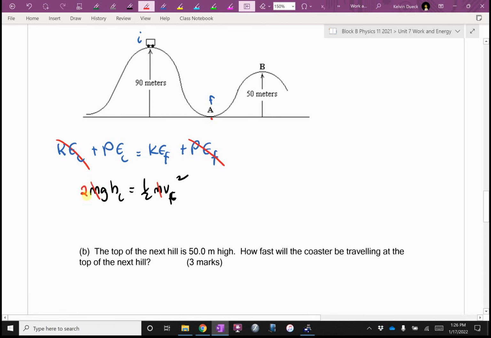I'm going to times by 2, or I could just times the 2 over, divide by 1, and then square root. vf equals the square root of 2 g h initial. Same equation. So it's going to be the square root of 2 times 9.8 times 90.